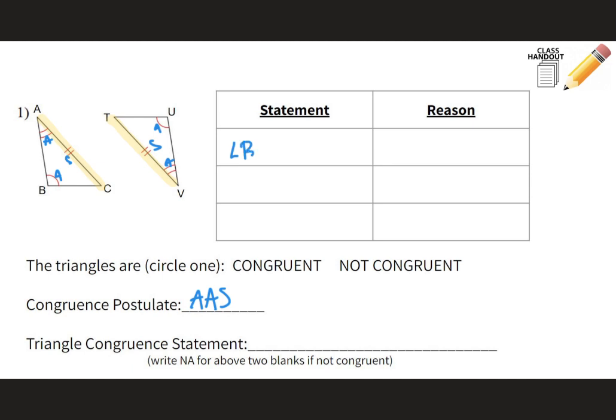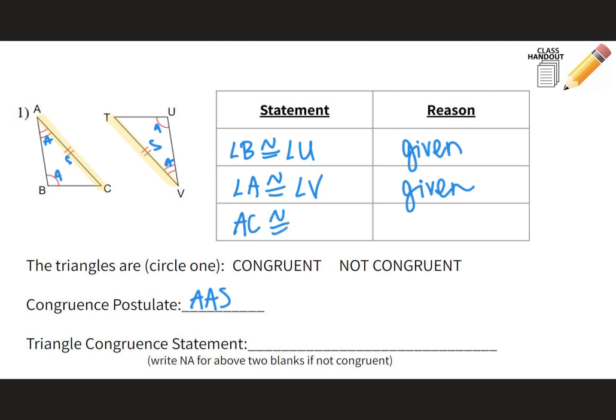So angle B is congruent to angle U. That was given. Angle A is congruent to angle V. That was also given. And then lastly, the side AC. So we went from A to C, so it's going to be VT. That was also given.